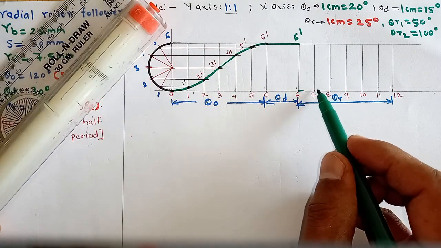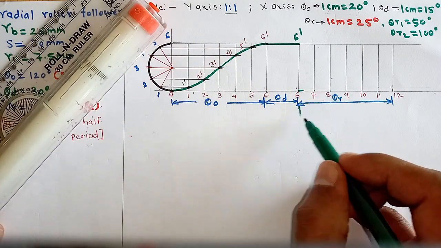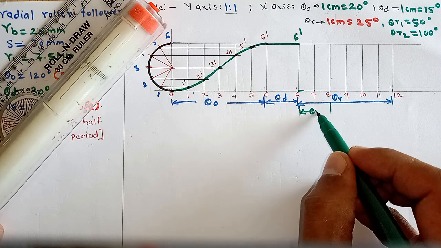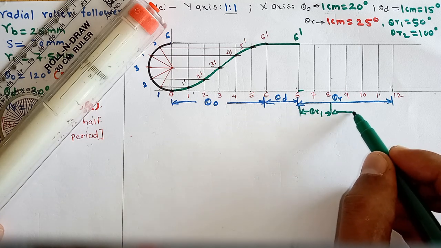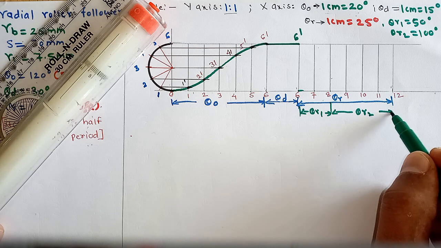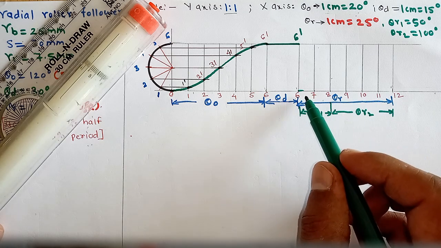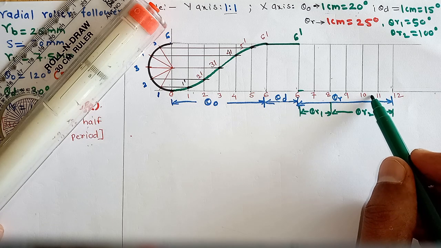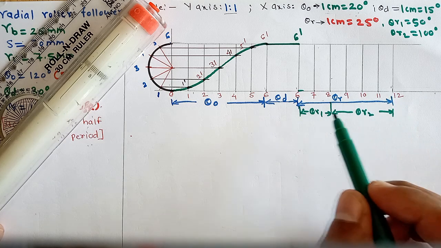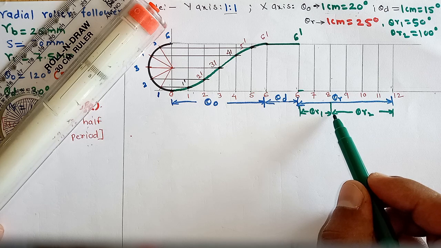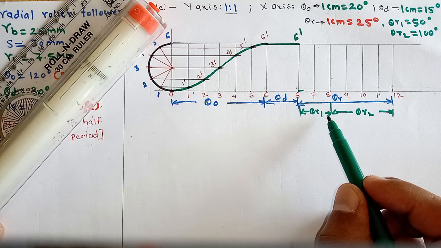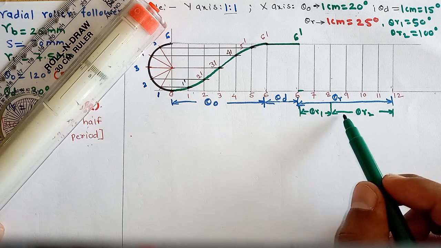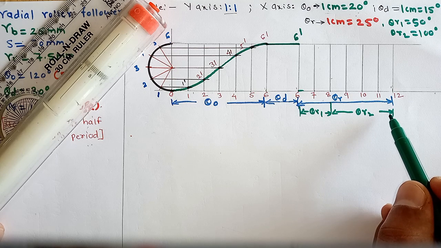So 25 plus 25 will be 50. So this is my theta r1 and this is theta r2, which is 100. Okay, 25 plus 25 is 50, 25 plus 25 plus 25 plus 25 is 100. So this is the angle turned by the cam during which the follower is accelerating, and this is the angle turned by the cam during which the follower is retarding.